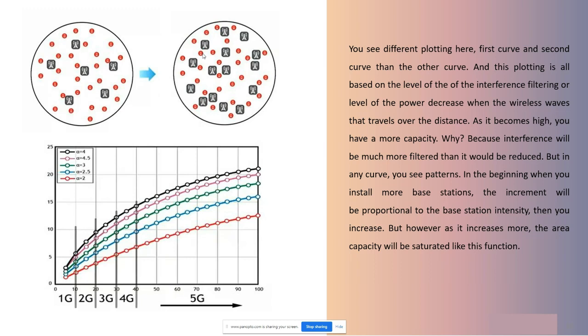So, kaya hindi sagot ang pagkakaroon ng more base station kasi tataas din naman yung level of interference kasi dadami nga yung base station mo, dadami yung level of communicating pairs mo. That's why tataas yung level of interference.